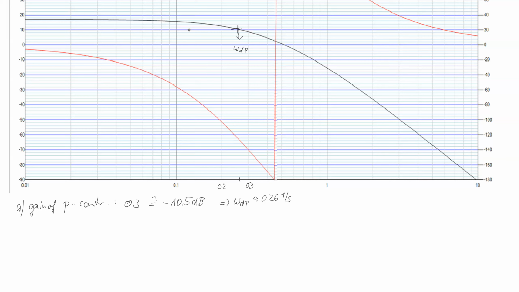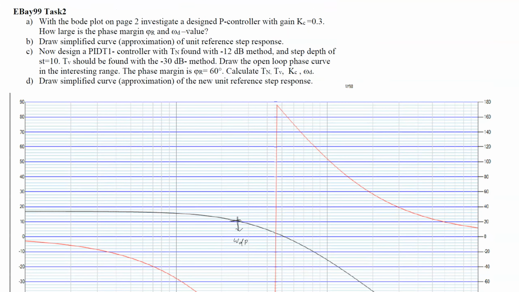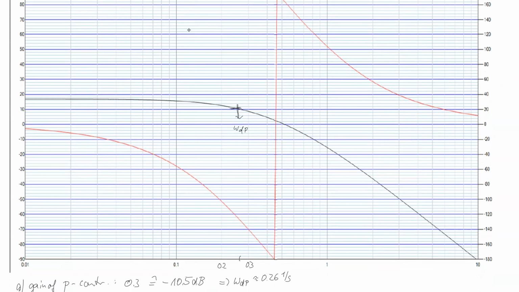In the same manner, let's look at what we also need for this task. The phase margin value is asked, so we have to look down at the same position at omega d, say here. This is the cross point to this phase curve, and the difference between the open loop phase, which in the P controller case is the same as the process phase, and minus 180 is the phase margin.